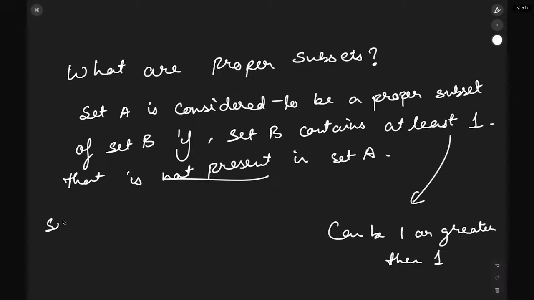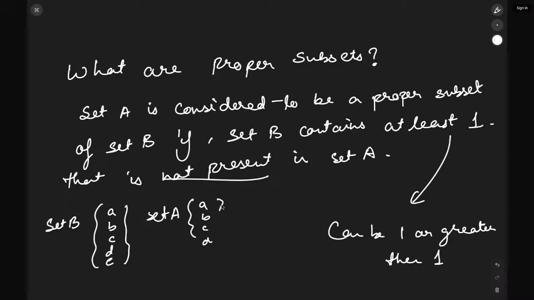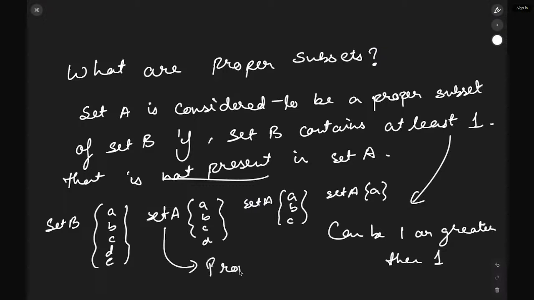Check this. So I'll write set B as A, B, C, D, E. And I write my set A as it can be A, B, C, D, or it can be A, B, C, or it can be only A. So in this case, A, B, C, D, E is missing. So there is one element E which is present in set B and not present in set A. Therefore, set A is a proper subset.